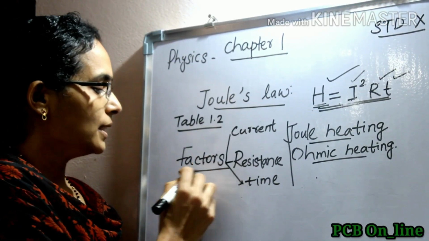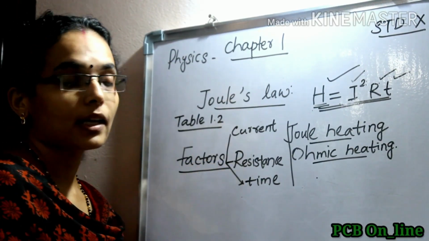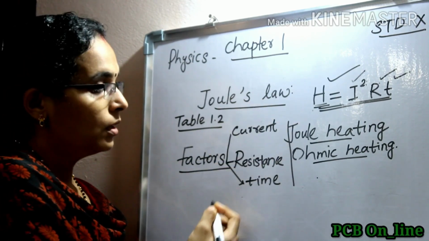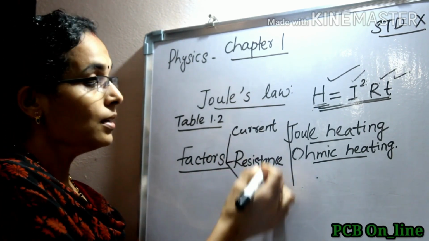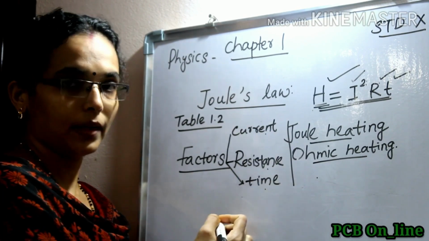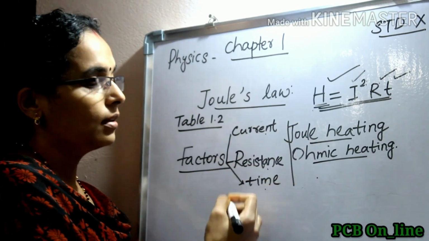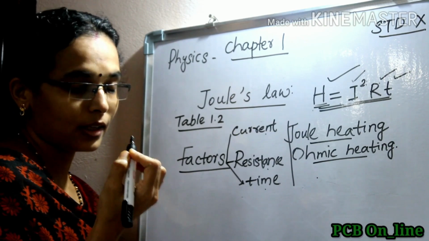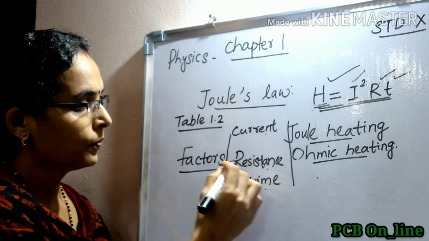Now let us discuss the factors influencing Joule's law. The factors are current, resistance and time. As current increases, heat energy also increases.